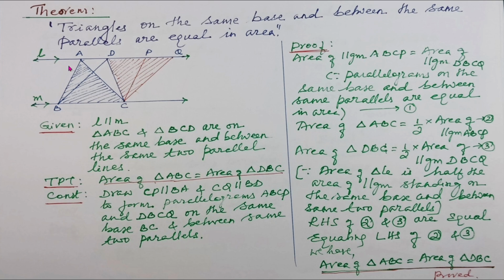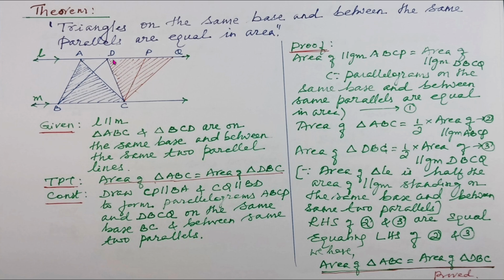Now we are given L is parallel to M. Triangle ABC and triangle DBC are two triangles standing on the same base BC and between the same two parallel lines L and M. Now we have to prove that the area of triangle ABC is equal to the area of triangle DBC. Now we have to do a few constructions here. Draw CP parallel to BA and CQ parallel to BD.